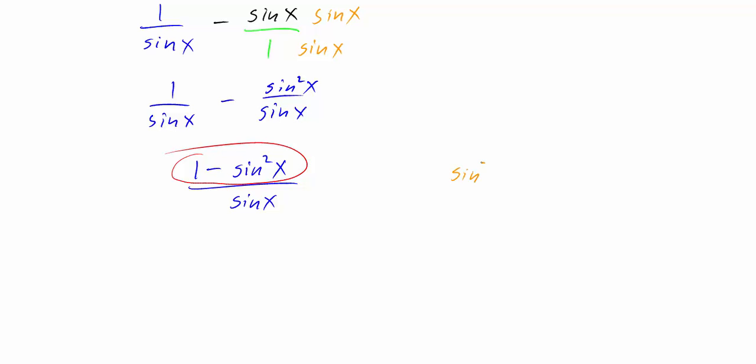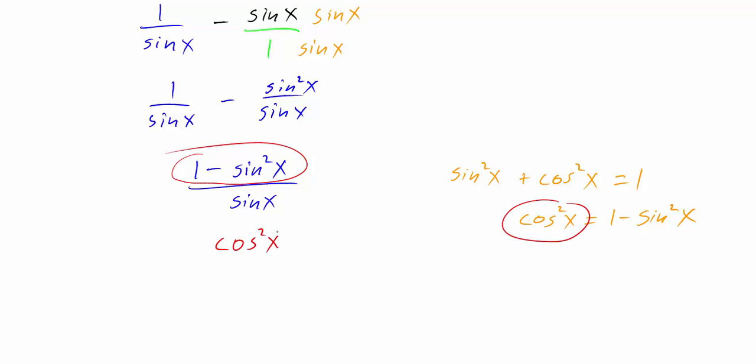That's our sine squared x plus cosine squared x equals 1. And we subtract away the sine squared, so that leaves us with cosine squared x equals 1 minus sine squared x. So the numerator will go to cosine squared x over the sine of x.